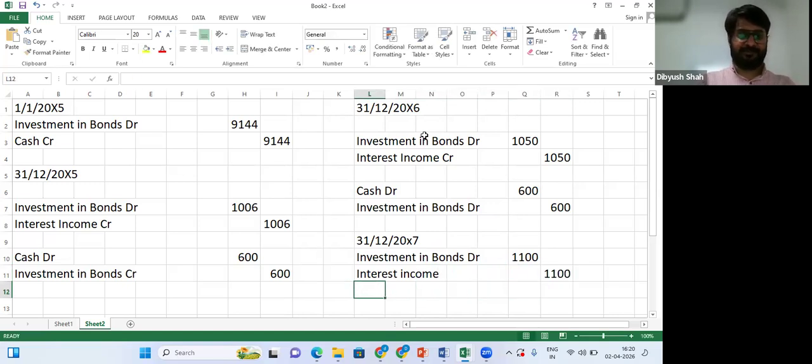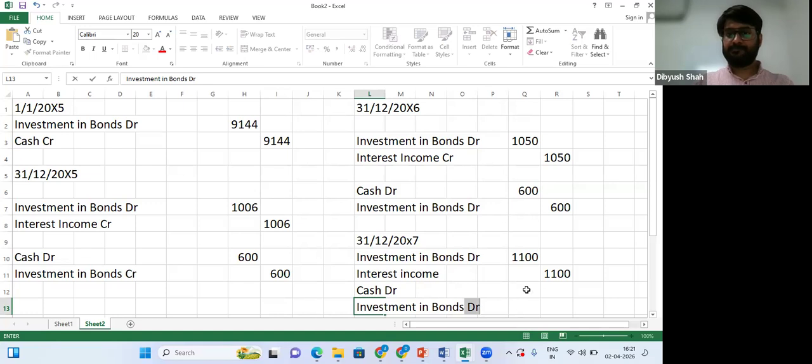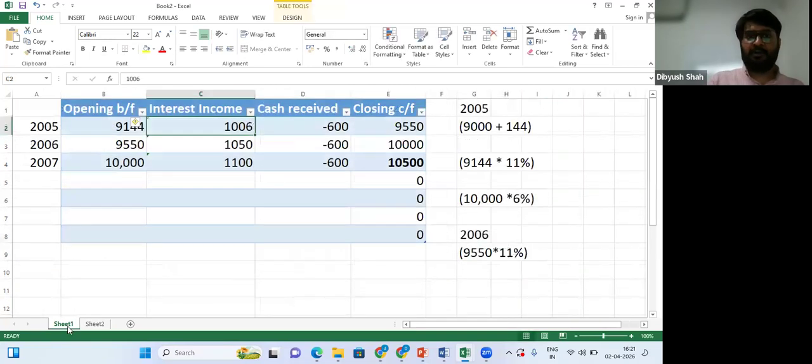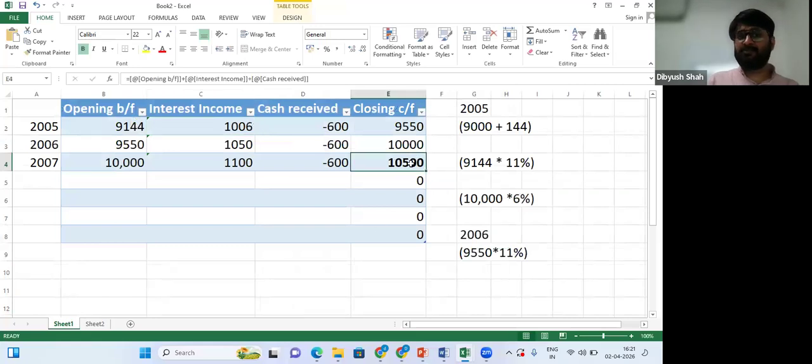Cash, balance sheet, and the value reduced of investment in bonds. Now what has happened? See, in the table also, everything is done for 3 years, if they ask. In the table also, you are staring at 10,500.